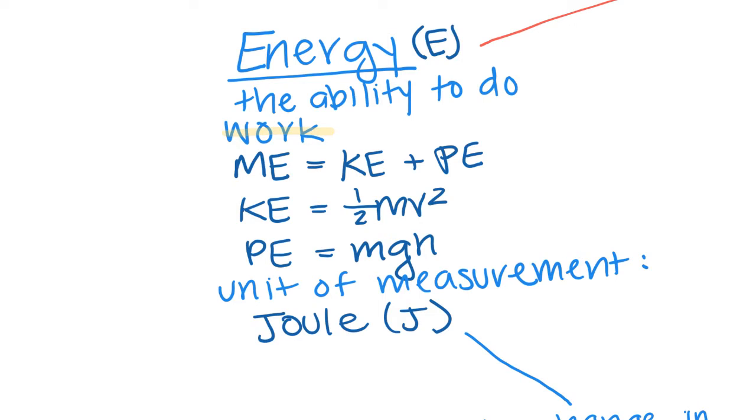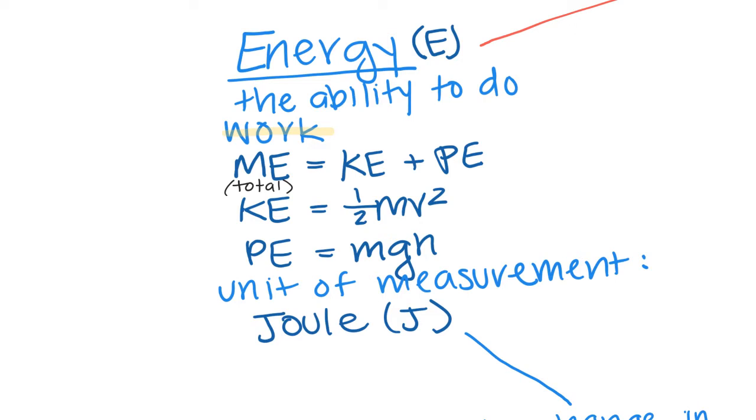We have this top one, which calculates the total mechanical energy. I always like to write total here to indicate, remember, that mechanical energy is the total energy between the kinetic and potential energy of an object. We also learned kinetic energy's equation, as well as how to calculate the potential energy of an object.